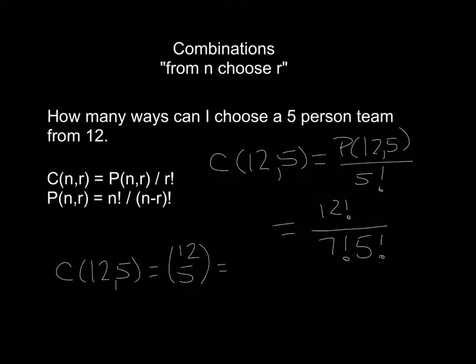And that's equal to 12 factorial divided by 5 factorial. So you get the 12 factorial, you just put it here. The 5 factorial, you put it here. And then the rest of the bottom is just your 12 minus 5. So that'll be 7 factorial. And so these two numbers here should add up to the top number.